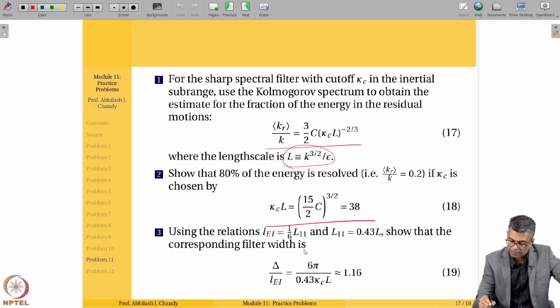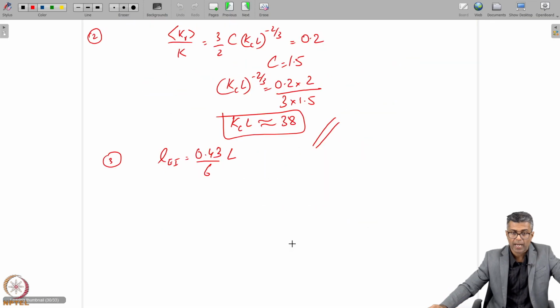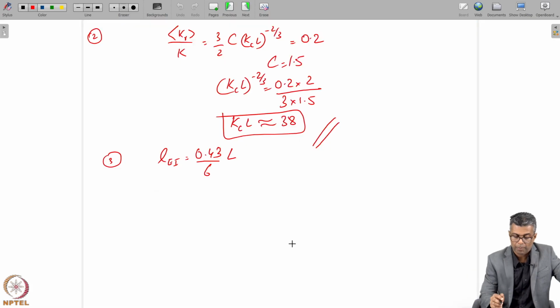Because I have been given these two relationships. So instead of L11, I put in 0.43 L, and then I get L_EI is equal to 0.43 over 6 L for high Reynolds number turbulence, and I know kappa c is pi over delta, by definition.